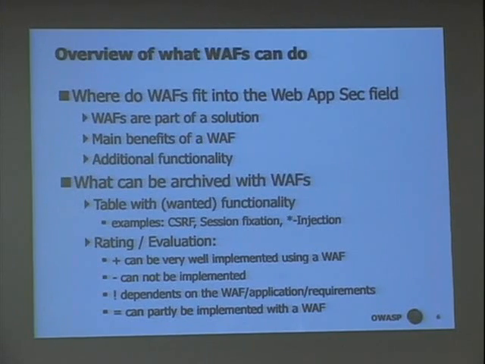And there's a rating next to these. If you see a plus on that table, it can be very well implemented using an application firewall. With a minus, it can't be implemented. An exclamation mark says it depends on the application or the WAF, all the requirements you have. And the last one is that it can be partly implemented in a WAF.